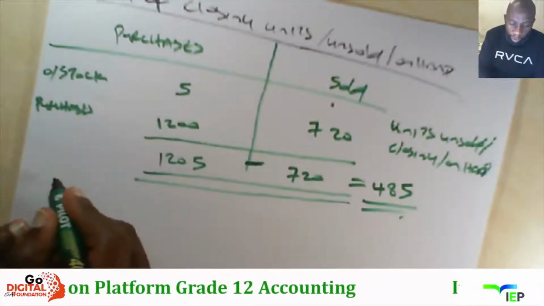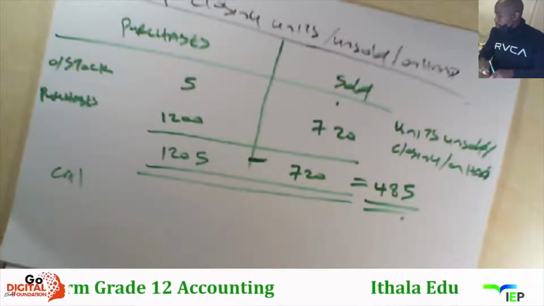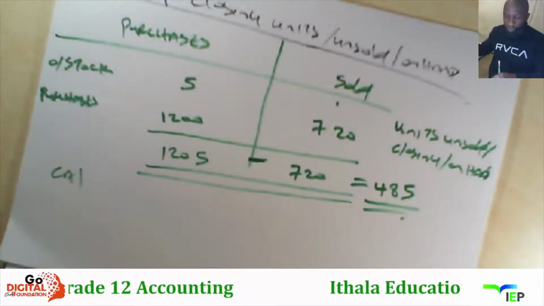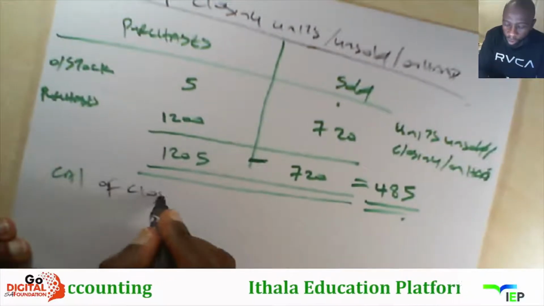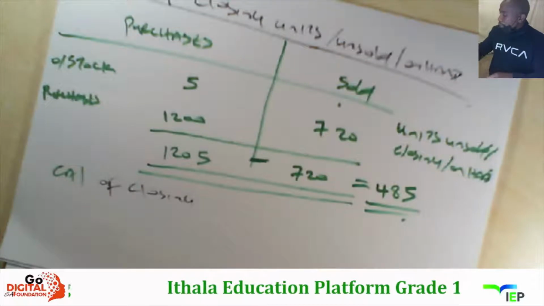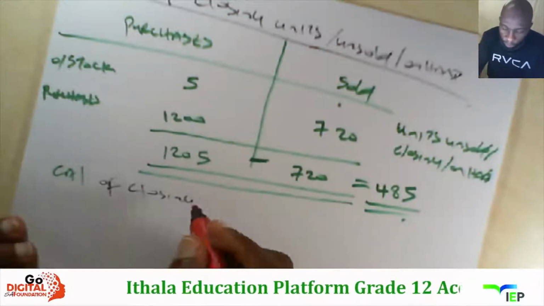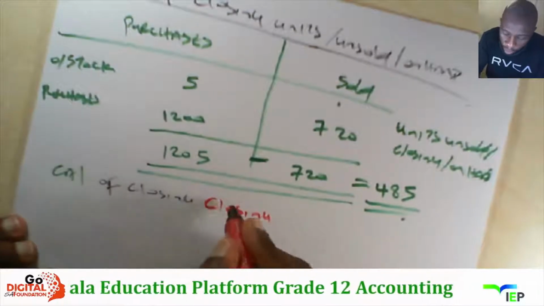We can go now to the calculation. Let me just use another color here. Calculation of the closing stock using FIFO.